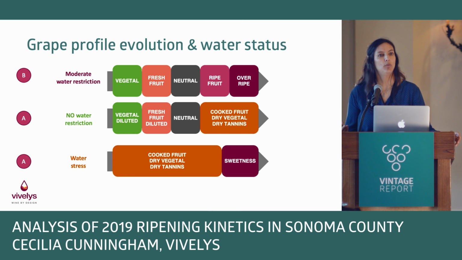We will have this normal evolution where we have fresh, ripe fruit, over-ripe fruit. So really the picking point should be connected to your winemaking goals and what you're looking for in the wine.